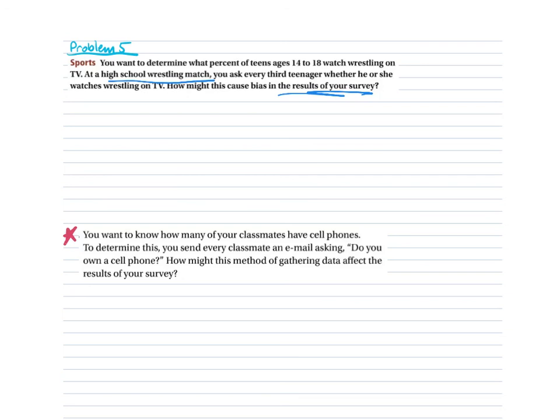If you're sending them an email, you're assuming they have a computer to get the email, right? Or a phone to get the email, right? Some of you can get your email on your phone, or most of us can. If you don't have a phone and you don't have a computer, you can't get the email, so you can't answer that. So instead, you might want to ask them in person while you're at school.